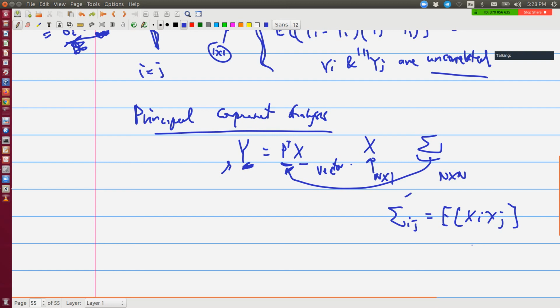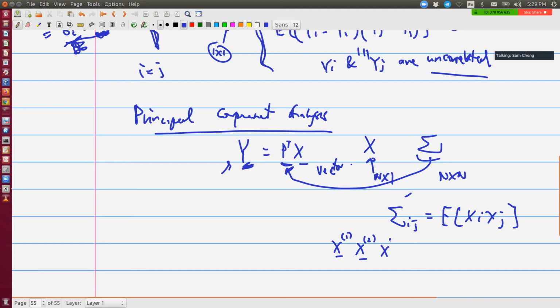How to? If for example you have a set of data, like you sample multiple times. Let me write like this: x1 sample 1, x2 sample 2.